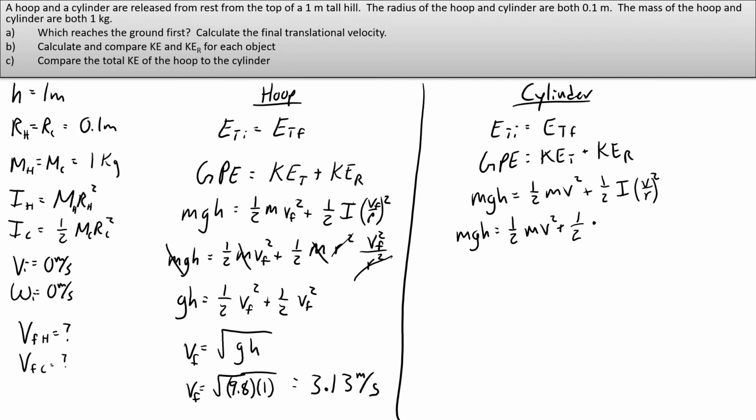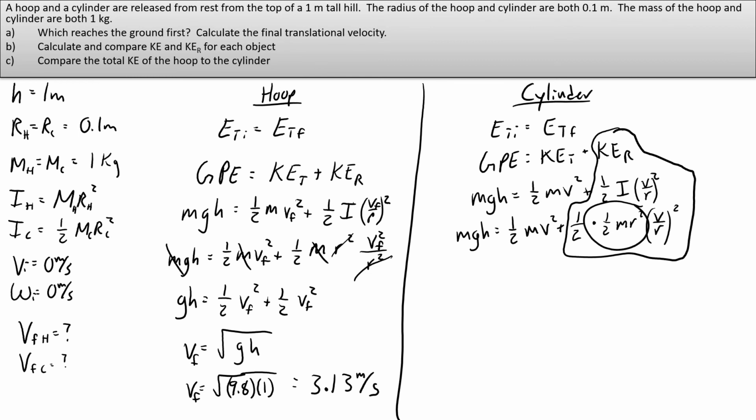So we're going to plug in 1/2 mr squared. That is I, so don't get confused by that. That's what you want for the cylinder, times V over R squared, when you're doing the rotational kinetic energy, 1/2 I omega squared.